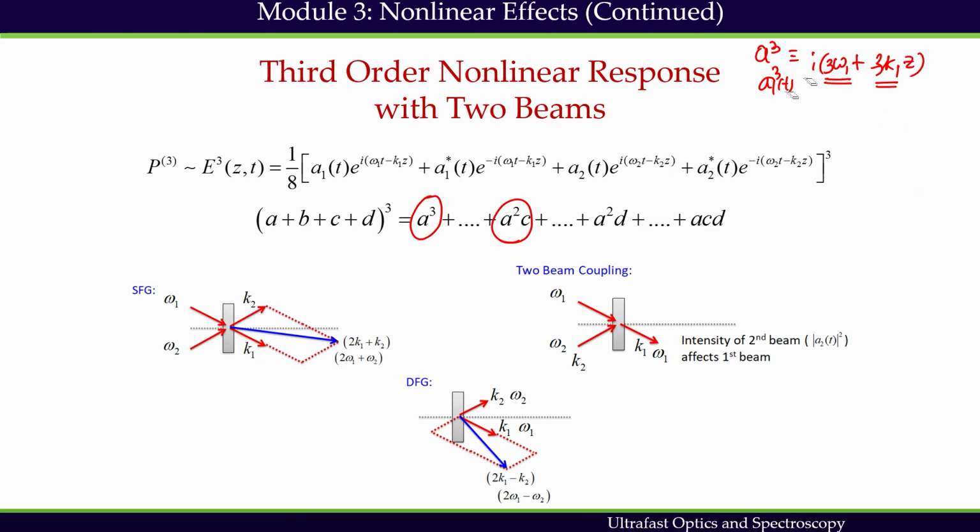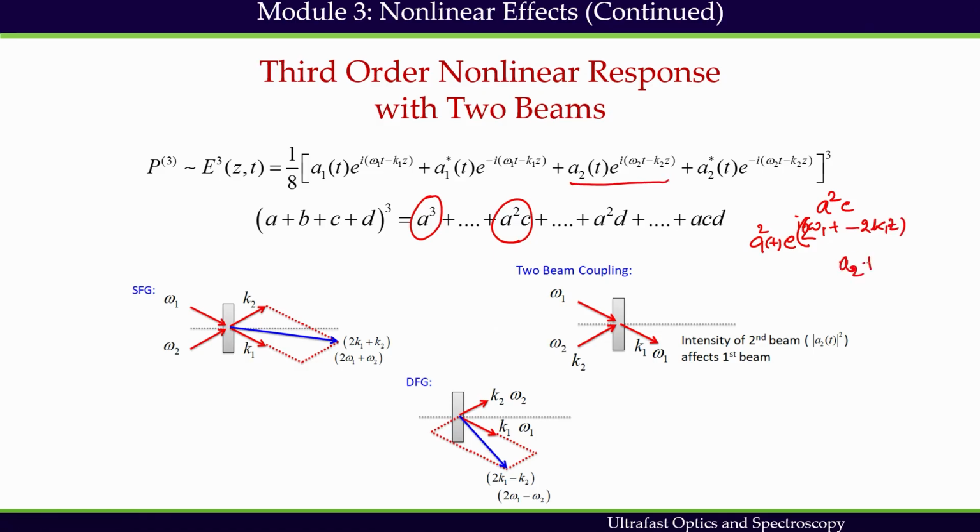We can write down the polarization with the term a square c. So a square c will give me a1 square e to the power i (omega 1 t minus k1 z) squared, multiplied by c. C is this one, so a2 e to the power i (omega 2 t minus k2 z).